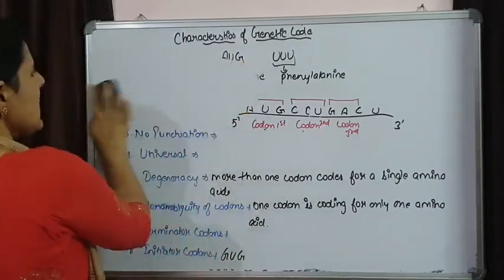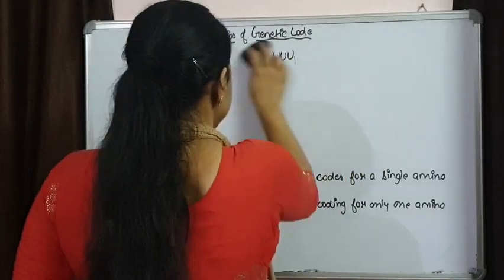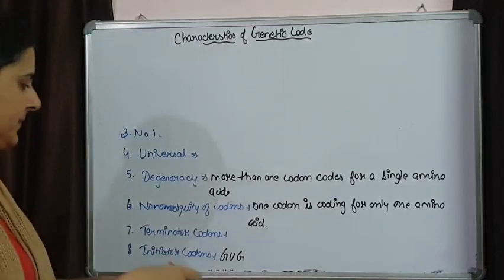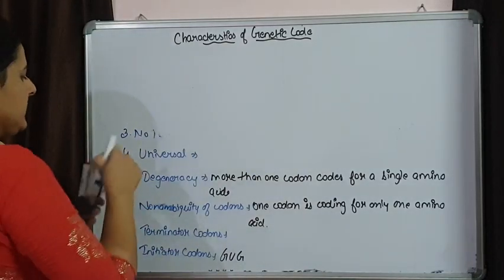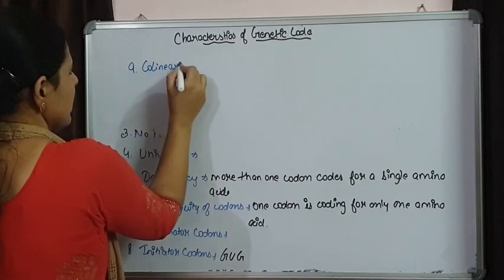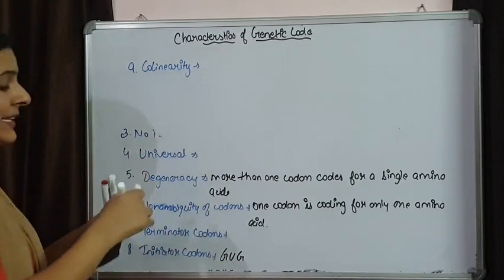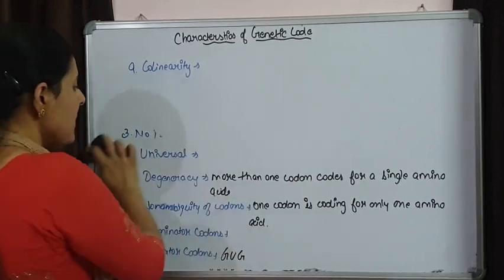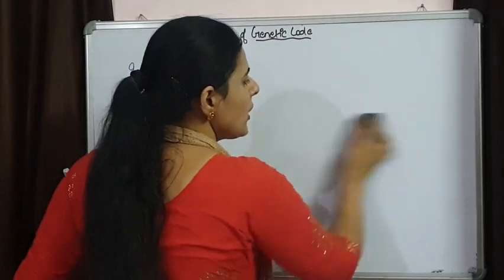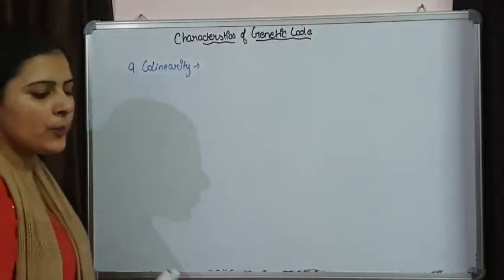Other properties are collinearity. Collinearity simply means the amino acid sequence of a polypeptide is going to show collinearity with the gene.